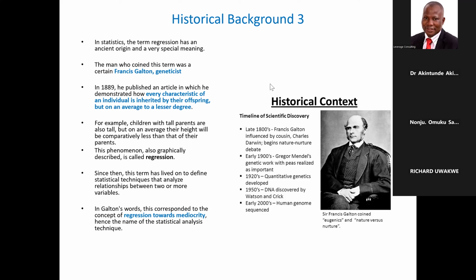In the early 1900s, Gregor Mendel's genetic work with peas was realized as important. In 1920, quantitative genetics developed. 1950, DNA discovered by Watson and Crick. Early 2000s, human genome sequenced.